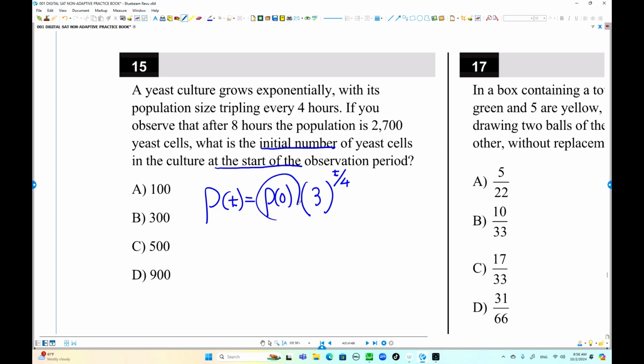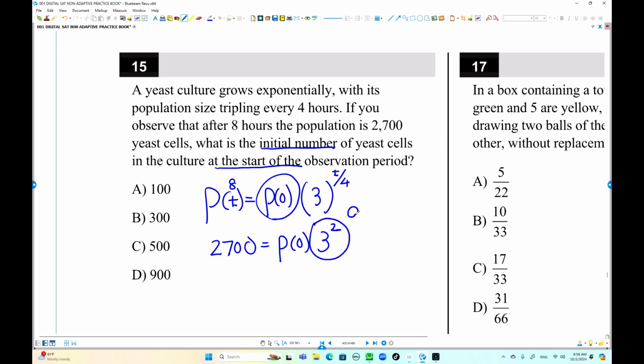That's the given over here. After 8 hours, the population is 2,700. Put this number in the equation, t is 8. P of 0 times 3 to the power 8 over 4, which is 2. That is 9.